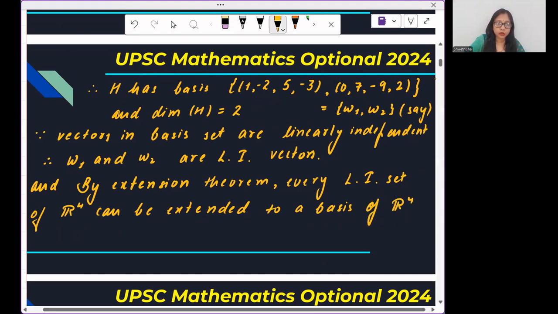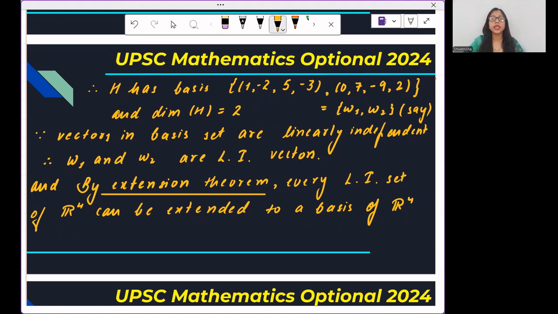Okay, you can underline this extension theorem here. And now you know that the extension is possible. So let's extend it. The questions that we have done in the class, we have done these kind of questions. So the extension actually adds all the standard bases in a matrix and then we try to reduce it, right?